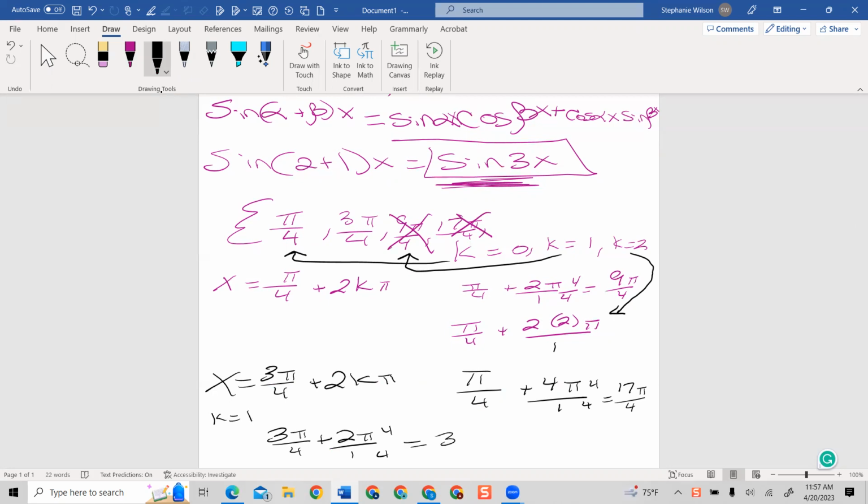Now I have 3 pi plus 8 pi over 4, gives me 11 pi fourths. So let's double check to make sure it didn't go outside the 2 pi. 11 divided by 4, it did. So we wouldn't use that value, but there will be a time that we would keep going until we get all the solutions within that interval. So this was the way of solving this.